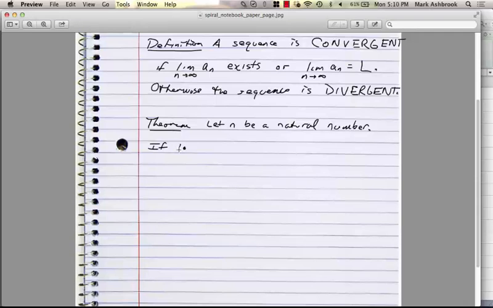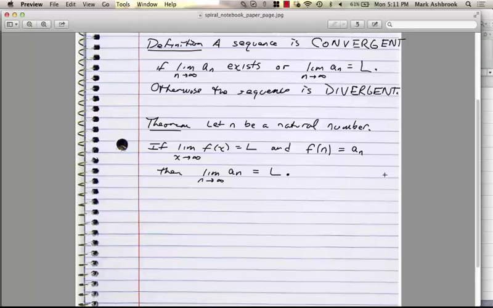If you have some function whose limit exists, and the nth output, or the output of the function when x equals n, is the same as the nth term, then the limit of the sequence is L. So that's what we're saying here.